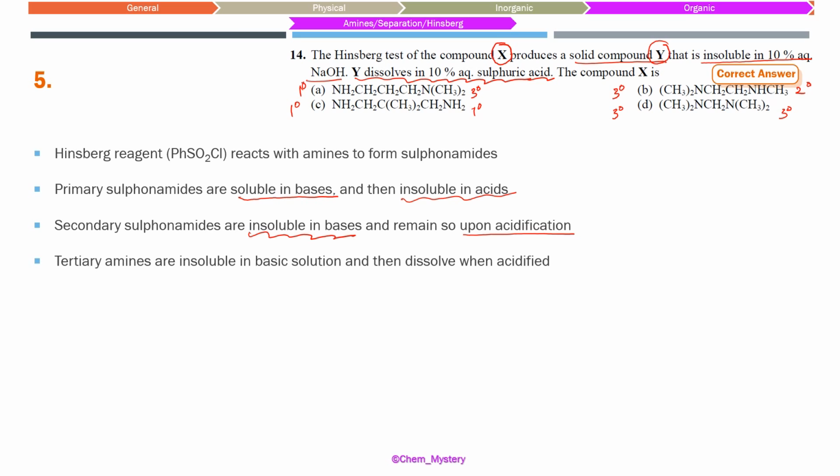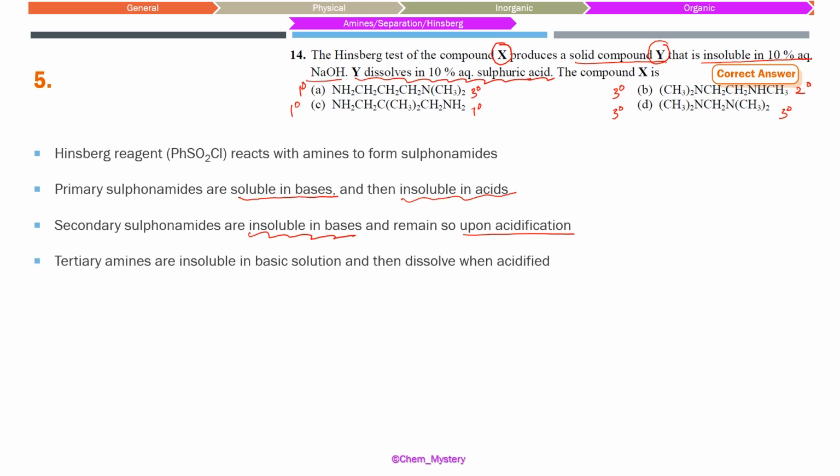The reason is that when 3 degree amines are reacted, the reaction does not go very much in the forward direction. Most of the time, the 3 degree amines are only present in the reaction medium. There is basically one equilibrium, and that equilibrium does not go in the forward direction unless we have very good reasons or wait sufficiently long to get a significant amount of product.